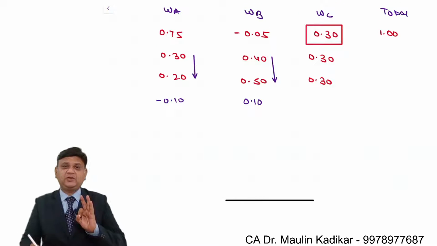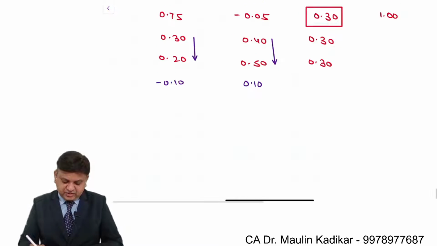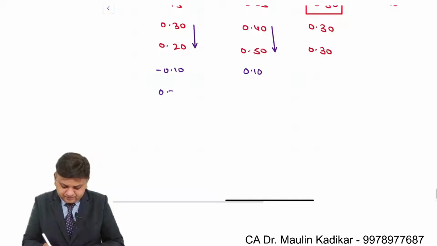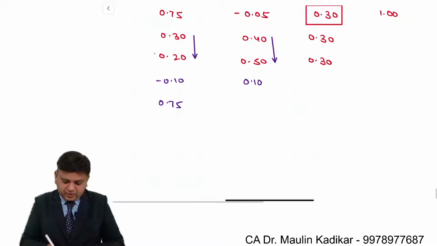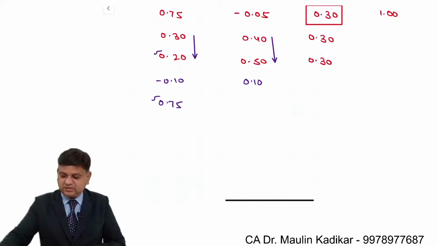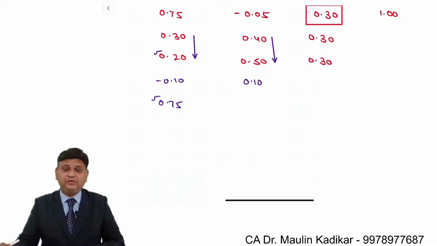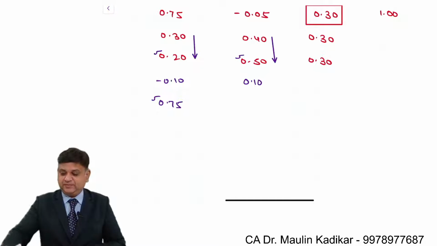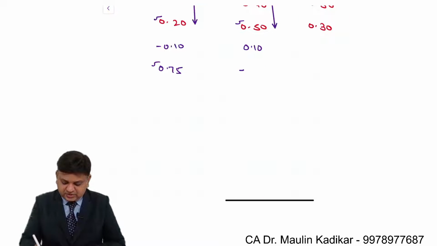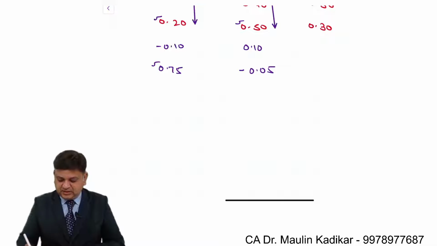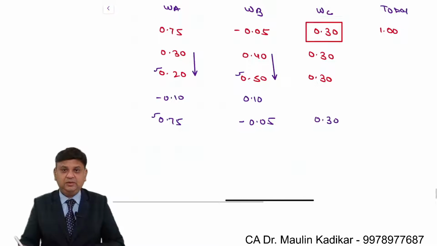Now, what is the weight of A? You can see the weight of A is 0.75. So from 0.20 to 0.75, what is the difference? The difference is 0.55. So you have to reduce 0.55 from this. So 0.5 less 0.55 comes to negative 0.05. And this is of course 0.3.